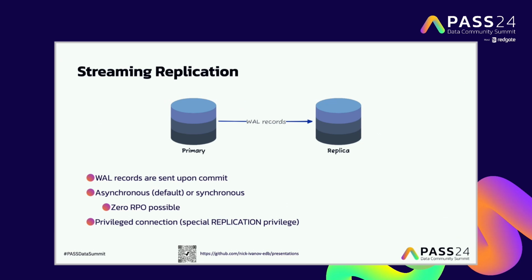So this is asynchronous by default, but you can make it synchronous such that the primary would not consider the transaction committed until it receives a confirmation from the standby. So this means your RPO is practically zero with some caveats, but you can effectively treat it as zero RPO. And it requires a privileged connection from the replica to the primary, essentially because the replica reads your WAL file, which contains all the sensitive data in your database. So you don't want to allow just anybody to use that protocol.